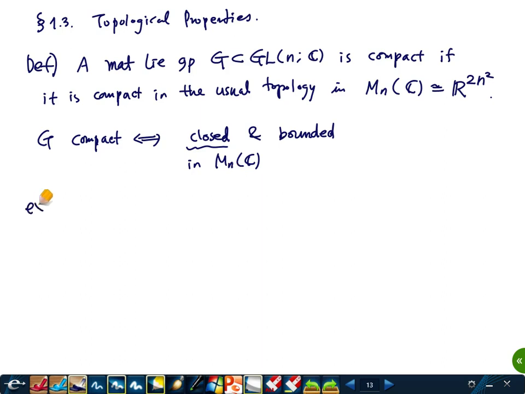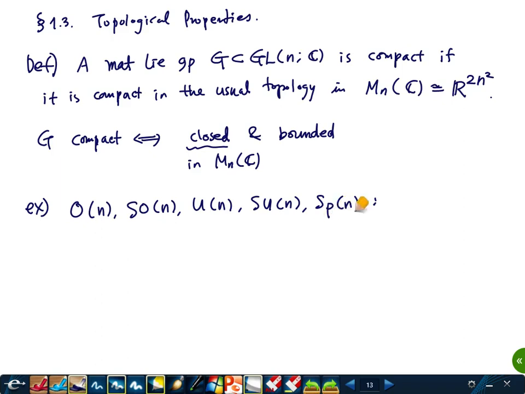An example: these matrix Lie groups, SO(n), U(n), SU(n), SP(n). This is the compact symplectic group, so it should be compact, right? How can we show that?